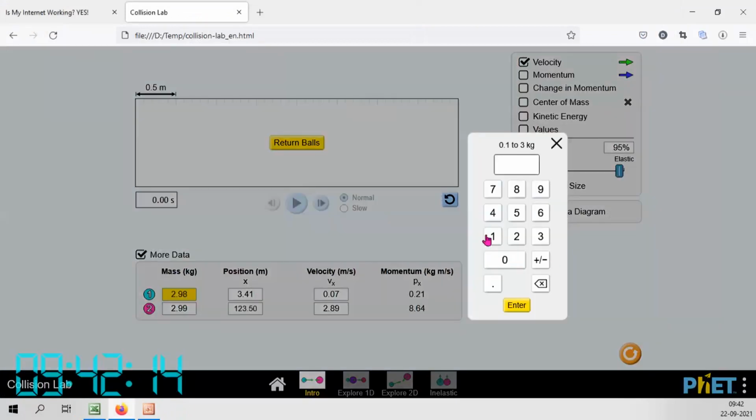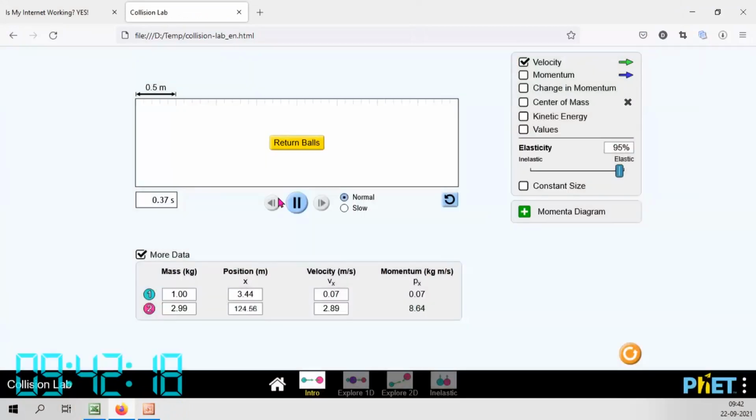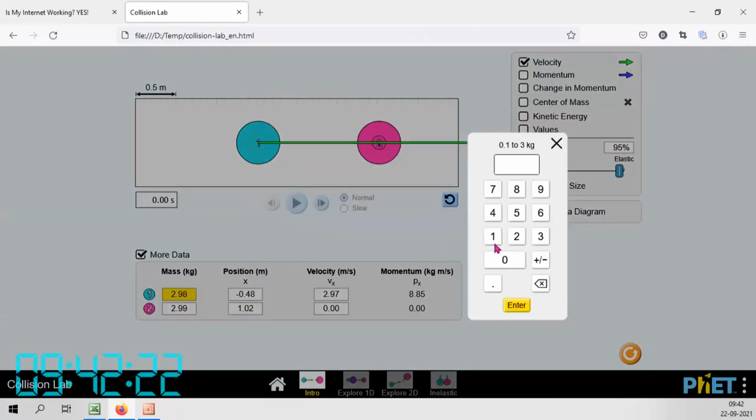So, 1.0. Okay, to return the balls first, 1.05, 3 to 0.96.